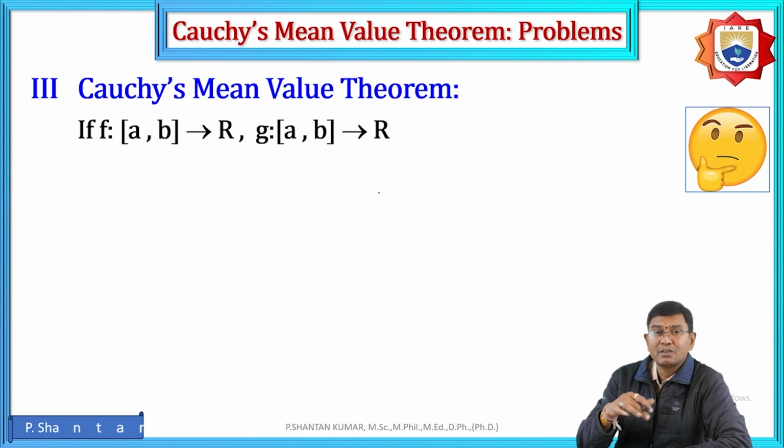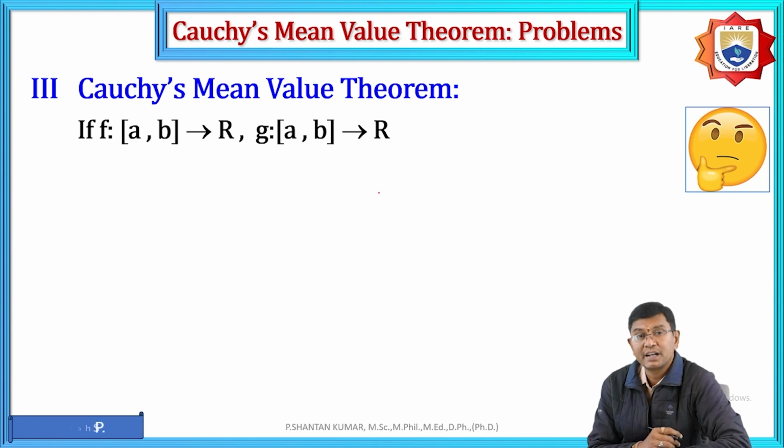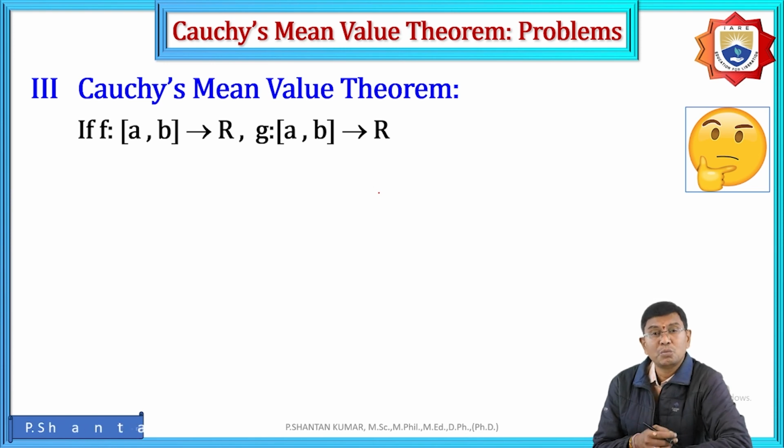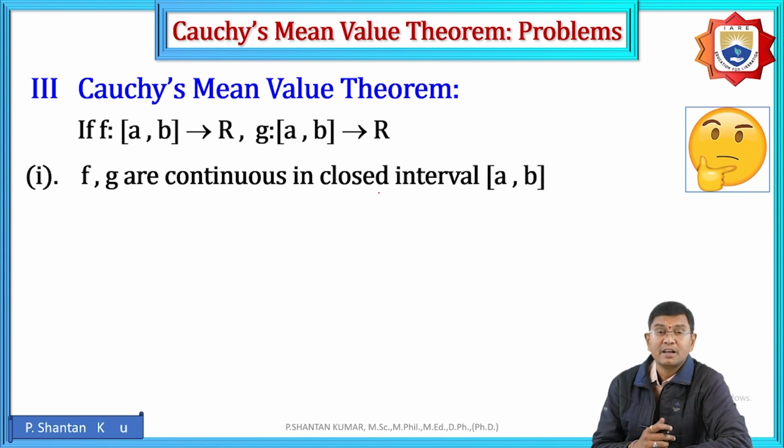Based upon these two functions, two conditions are mandatory. One is that f and g are both continuous in the closed interval, whereas in the previous two theorems only one function needed to be continuous in the closed interval, but here f and g are both continuous in the closed interval [a, b].